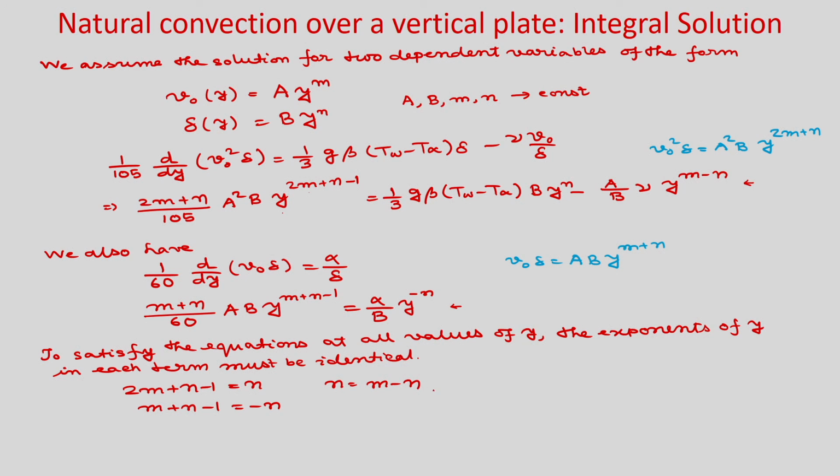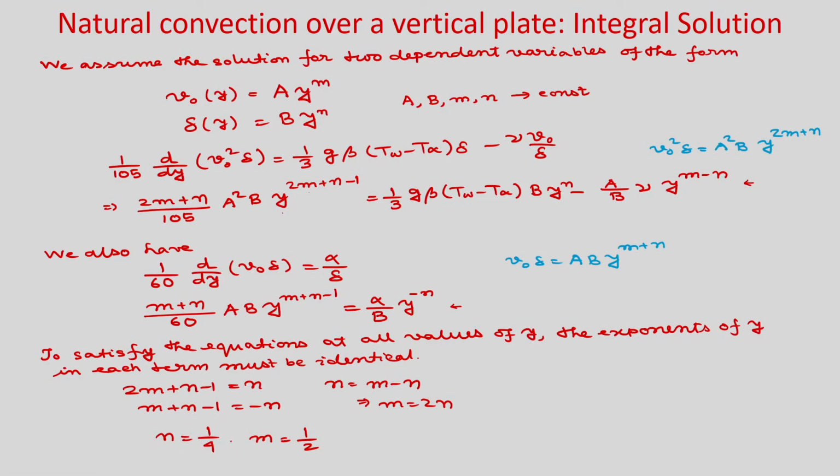So, you can see from here you can find m is equal to 2n, and if you put it here, so you will get n is equal to 1 by 4 and m is equal to half. Okay. So, now you can see we have found the exponents: m is equal to half and n is equal to 1 by 4.